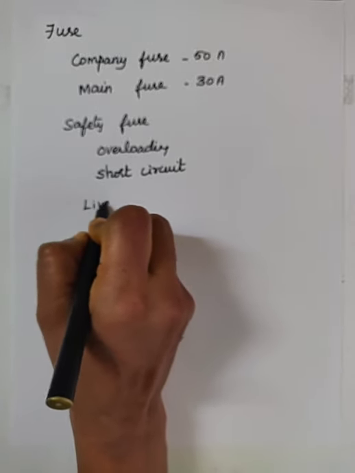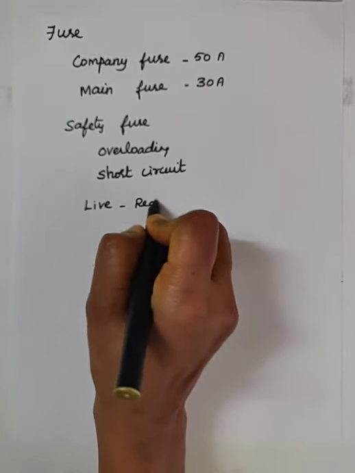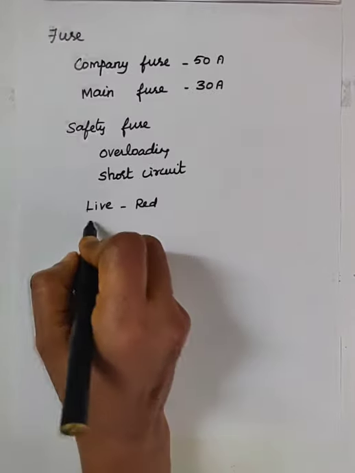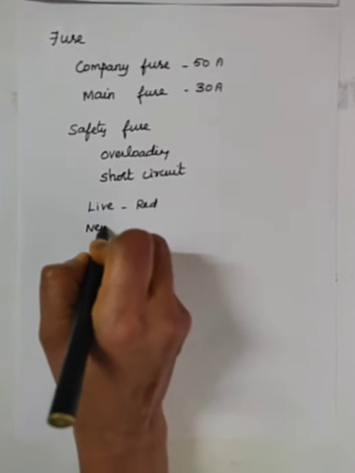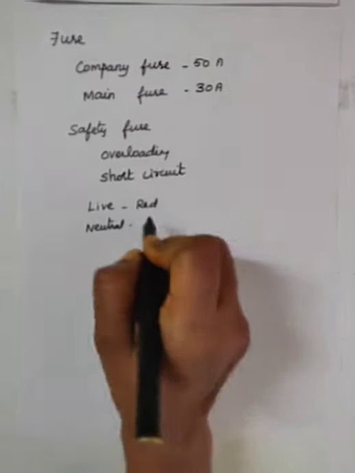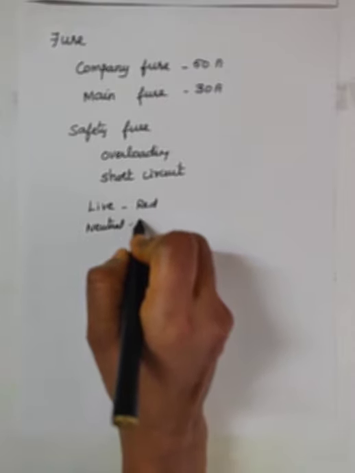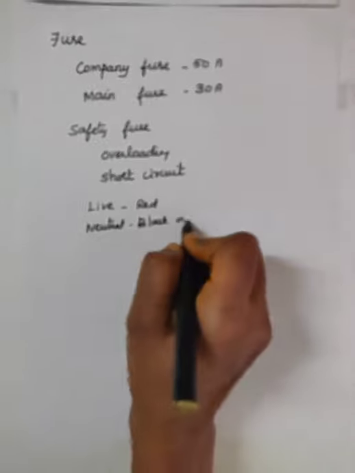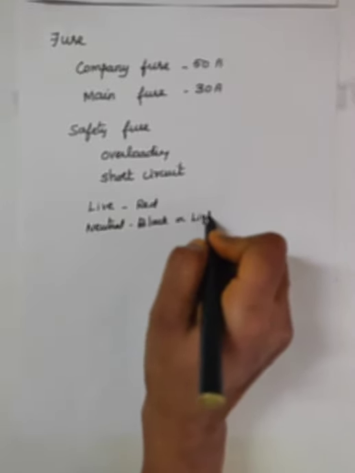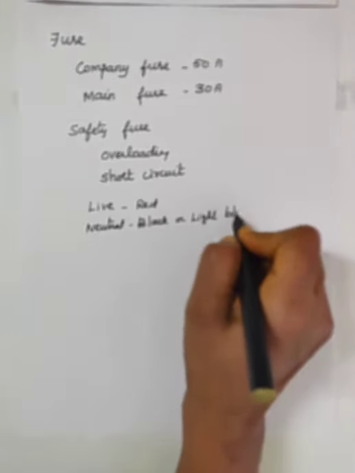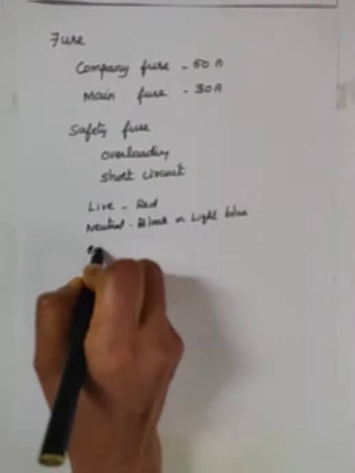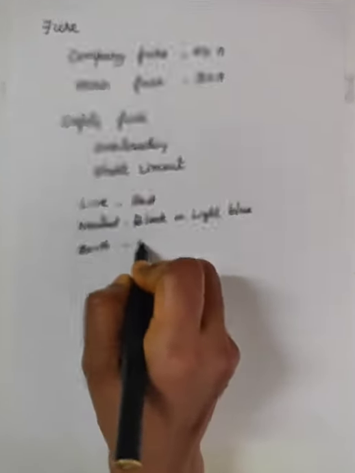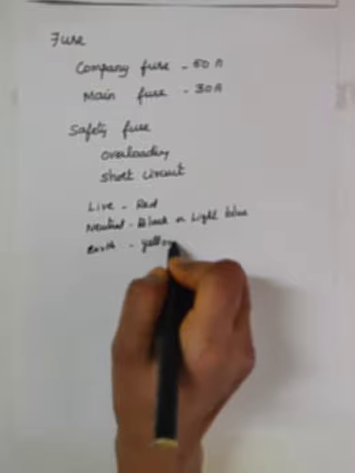For the live wire, the insulation is normally red or brown, and for the neutral wire, normally black or light blue. And for the earth wiring, normally the insulation is yellow or green.